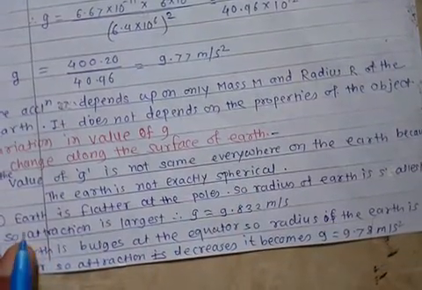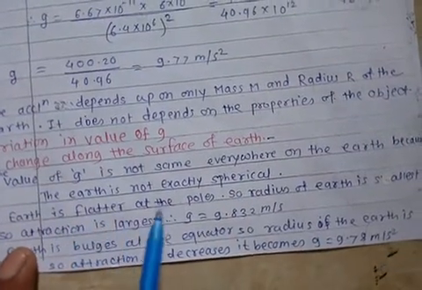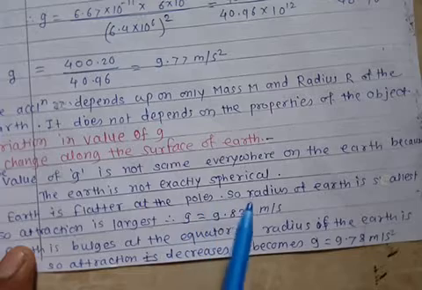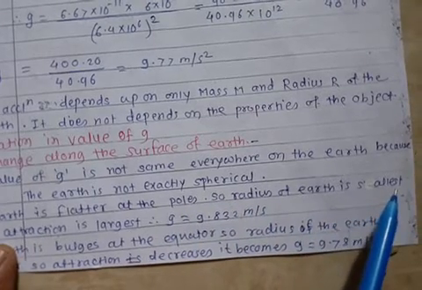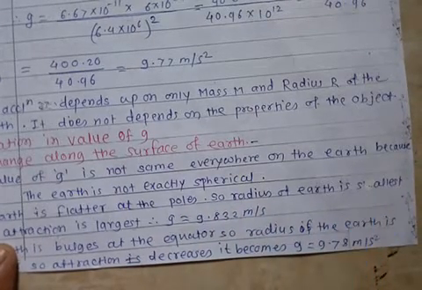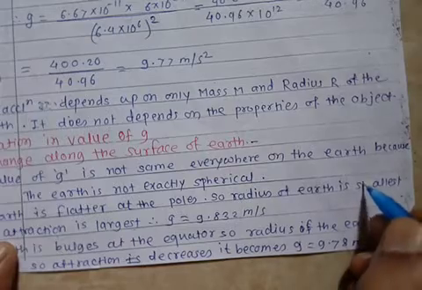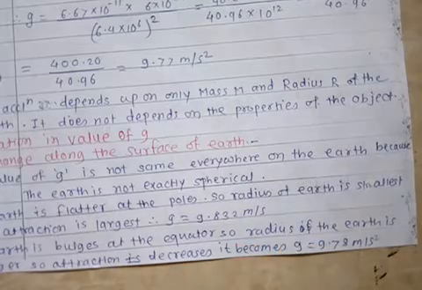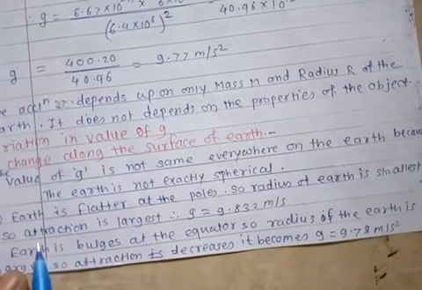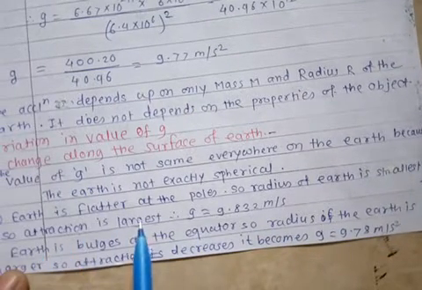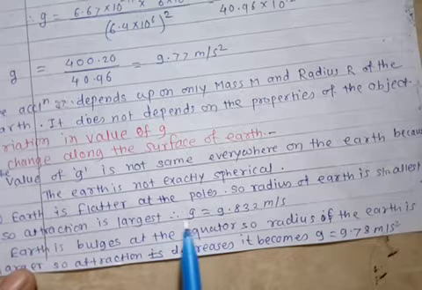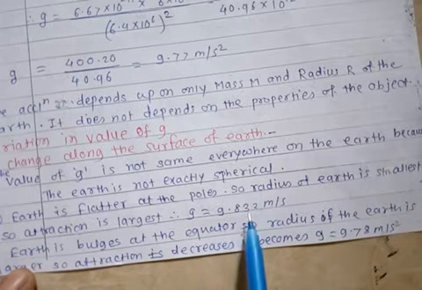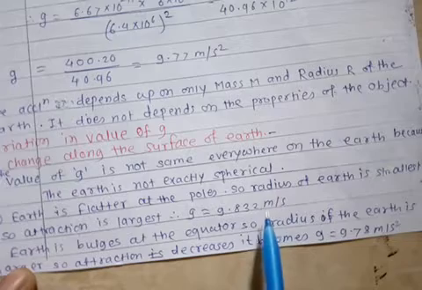That is the second point. Earth is flatter at the poles, so the radius of the earth is smallest, and when the radius is small, the attraction is large. g equals 9.83 meter per second squared.